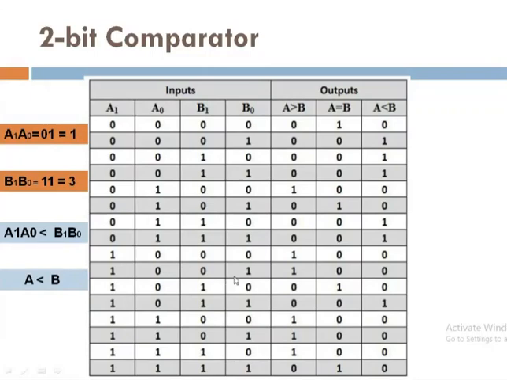So A is greater than B. So this output line will be high, and the remaining 2 will be 0. Now for this case 1, 0, 1, 0, it's 2 and this is also 2. So 2 is equal to 2, so A is equal to B. This output line will be high, and the remaining two output lines will be 0.